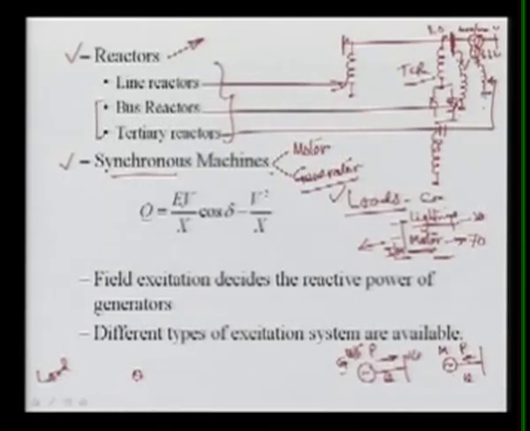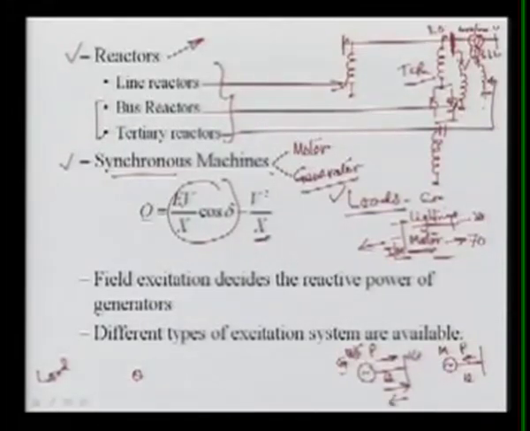So this value can be positive or negative. If this value is positive, then for the generator case it is generating reactive power to the system. If E cos delta is less than V, then it is absorbing reactive power.